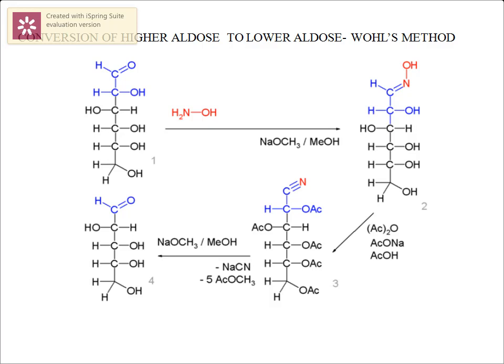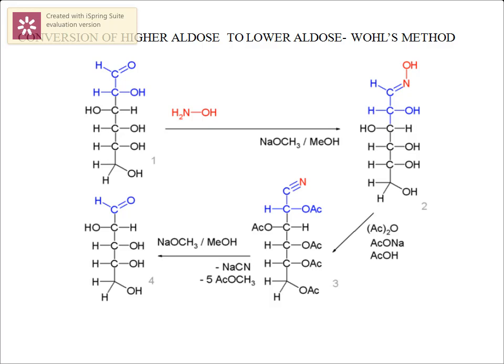But here, to reduce the number of carbon atoms, a particular carbon atom present in a molecule, you convert to a cyano group and then you eliminate it. This is the strategy. When you see this scheme, you will understand what I said.